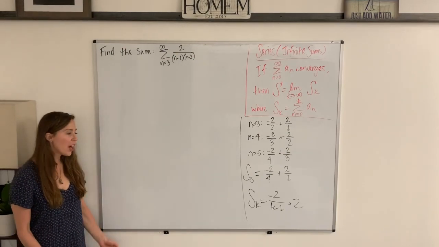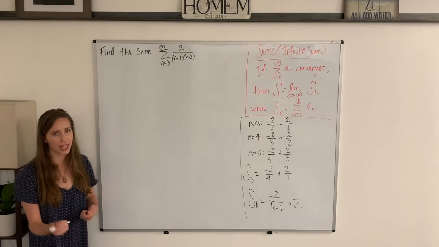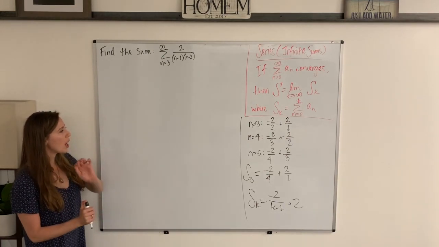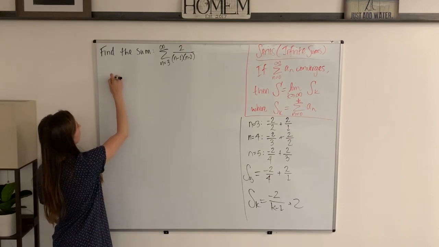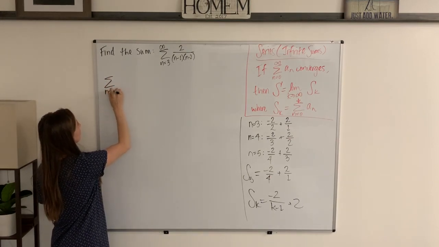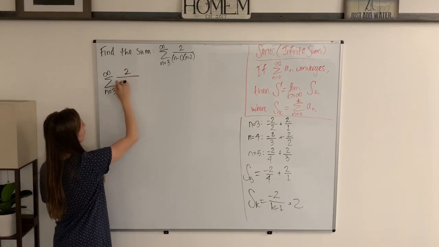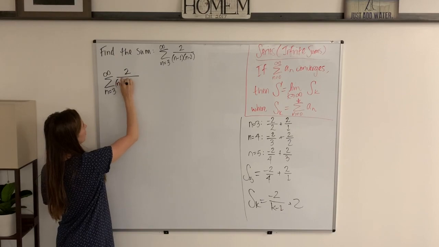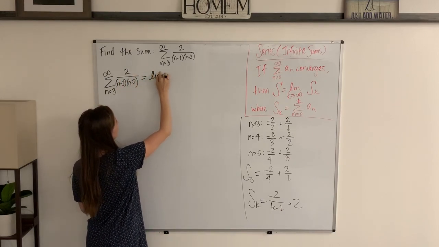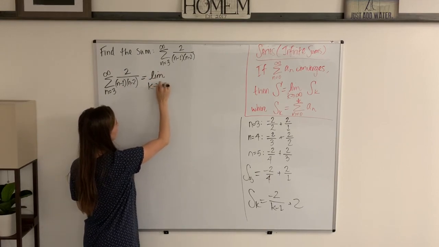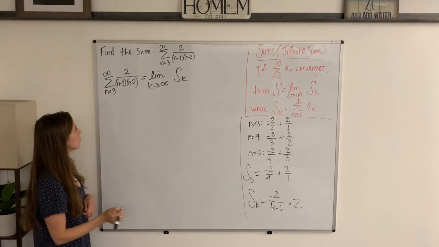Okay, so now that we've found what the kth partial sum will look like, we can take the limit of the kth partial sums. So we have that the sum of this series, from n equals 3 to infinity of 2 over n minus 1 times n minus 2, is going to be equal to the limit as k approaches infinity of the kth partial sums.